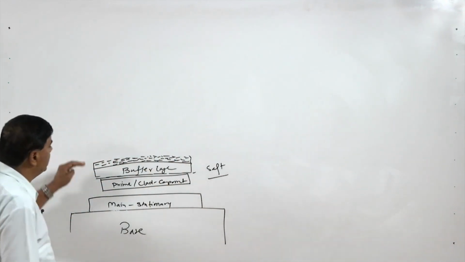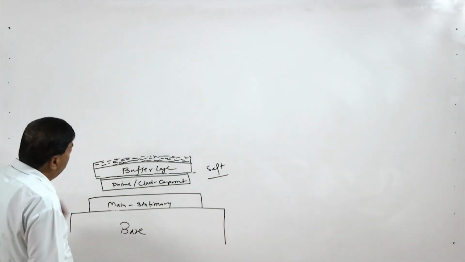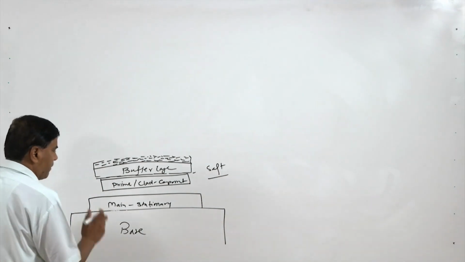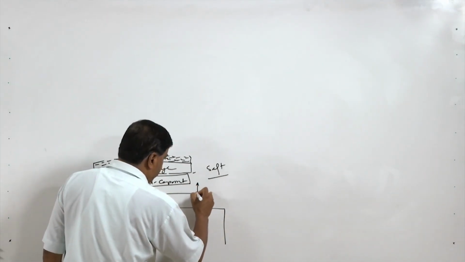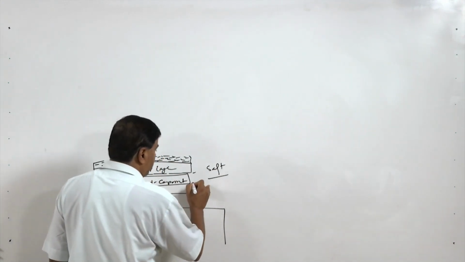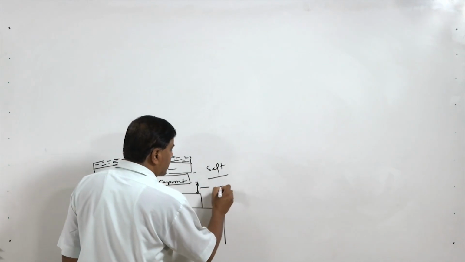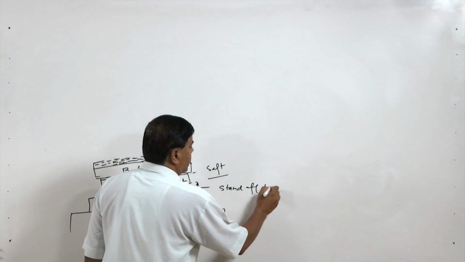So, the explosive is placed over the buffer layer, or sometimes directly over the prime component. There is a gap between the prime component, or the clad component, and the main component which is stationary. This is called the stand off distance.